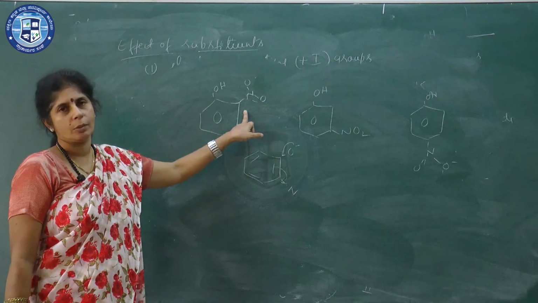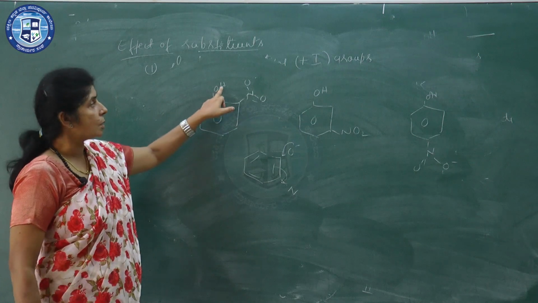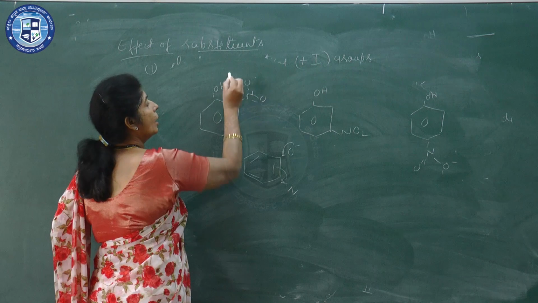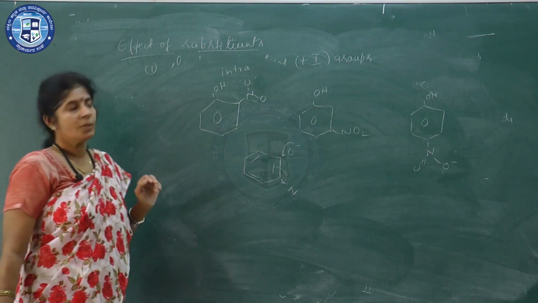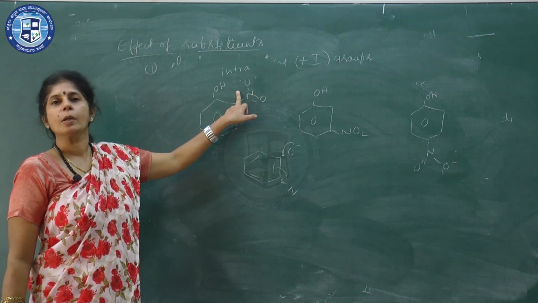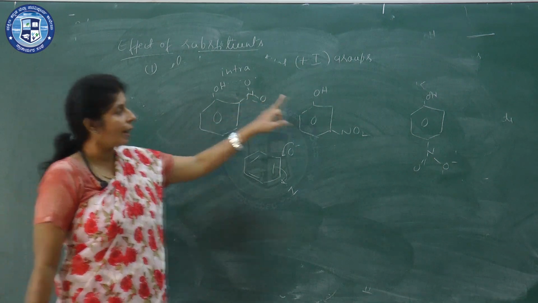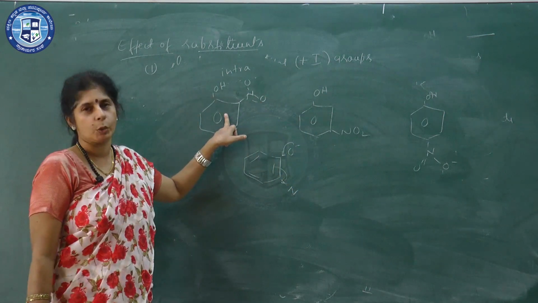But there is one problem with this structure, because there is an OH and there is an O, intramolecular hydrogen bonding is possible. Because of the intramolecular hydrogen bonding, the resonance structure we write in the case of para may not be possible in the ortho.